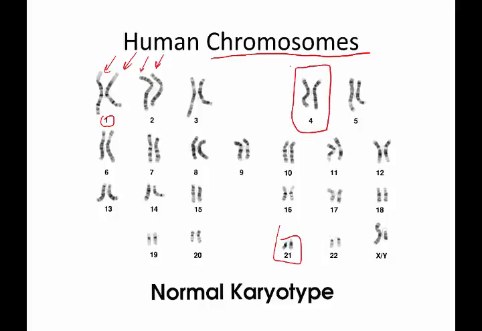So for chromosome 4, we have one from your dad and one from your mother. Same idea with chromosome 5, we have one from dad, one from mother, same as 6, 7, 8, onward and onward. So all of your chromosomes, you have 23 from your dad and 23 from your mother for a total of 46.